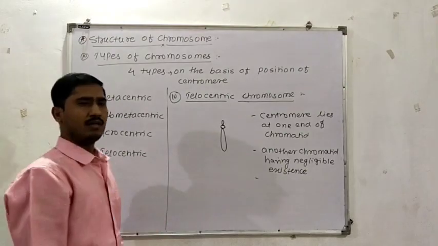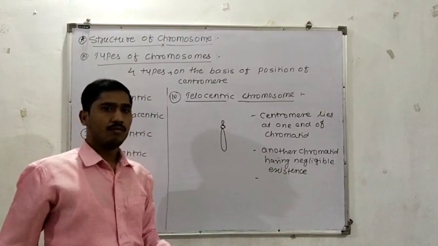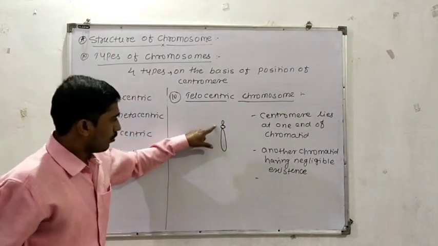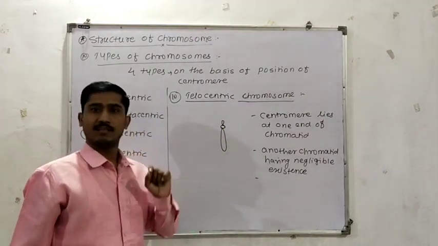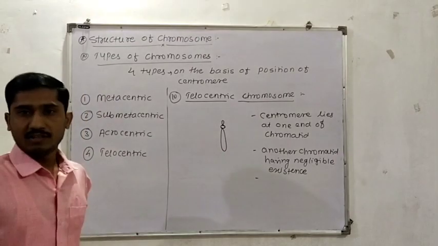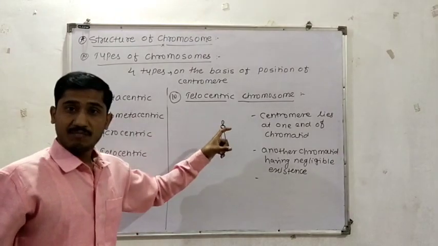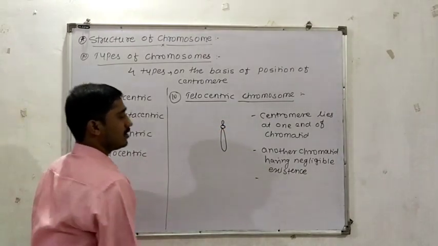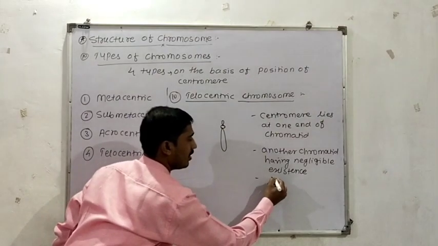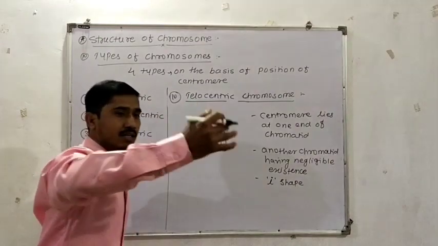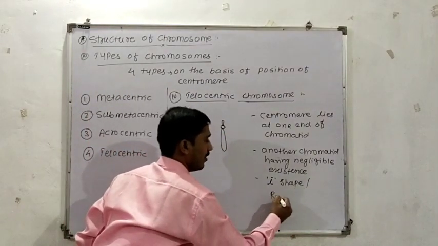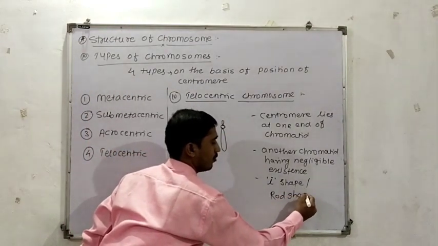Right? This is very important. Or in case of length, what can we say? One chromatid is very long, another chromatid has negligible existence. And last point, what about shape? These telocentric chromosomes have I shape. Or in other words, we also call them rod-shaped chromosomes.